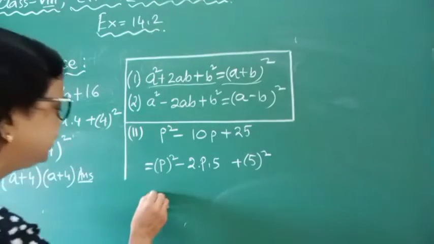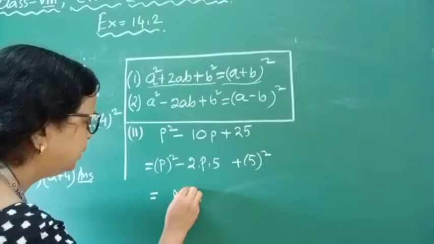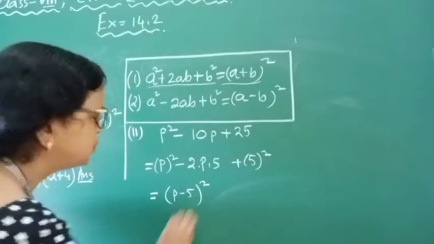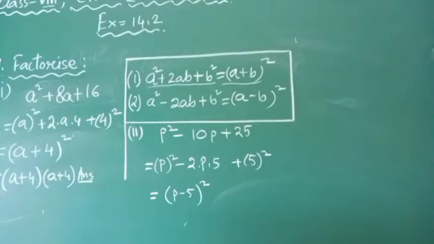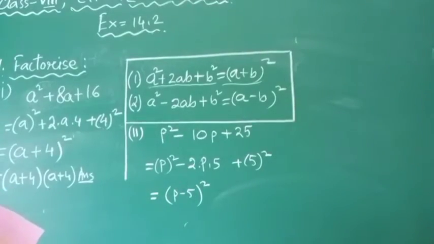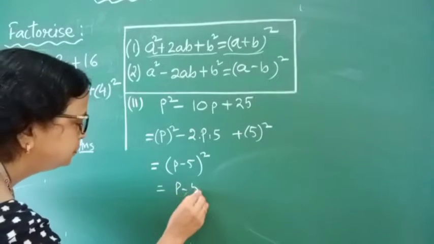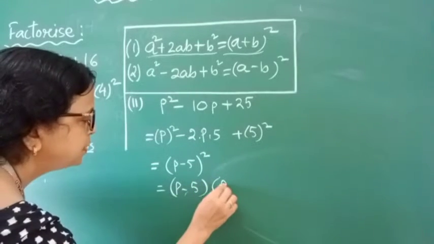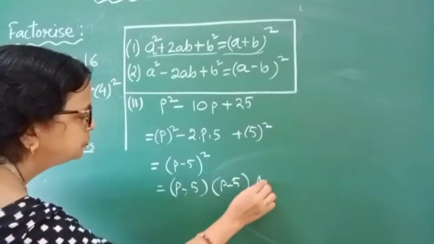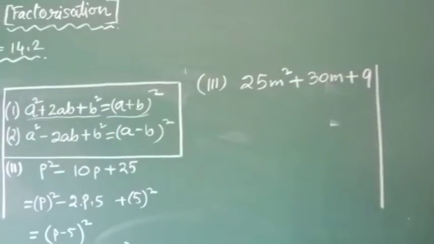So directly I can write now p minus 5 whole square, or 2 times if you want to express it, p minus 5 into p minus 5.